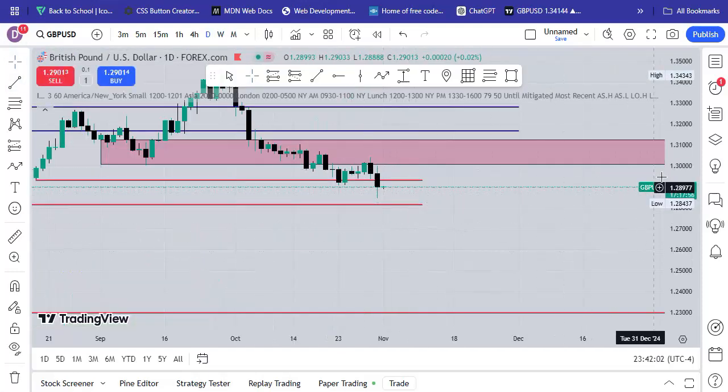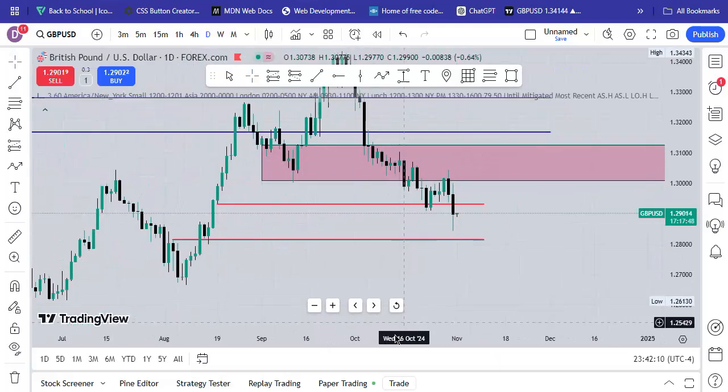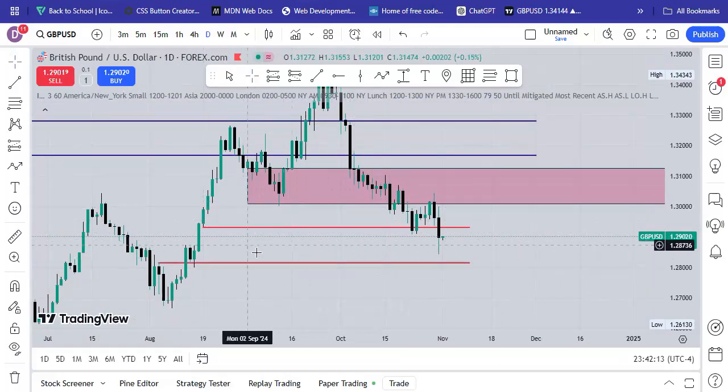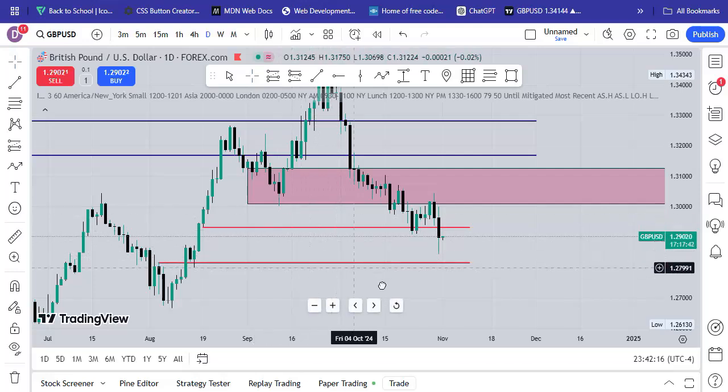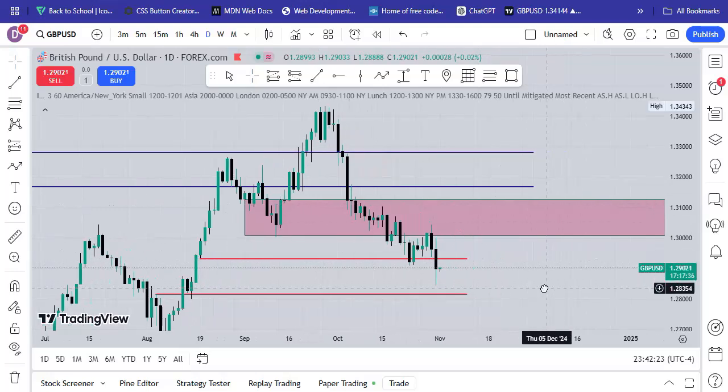Okay, so this is the daily time frame. This is what I would want to look out for. Since we are in the weekly fair value gap right here, remember I said something about power of 3.